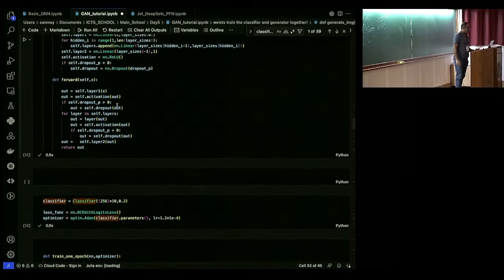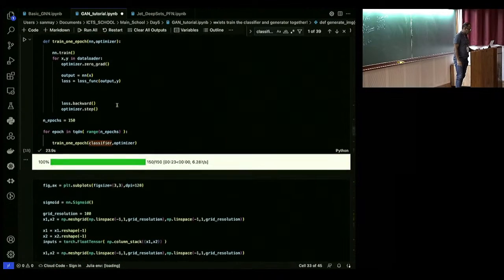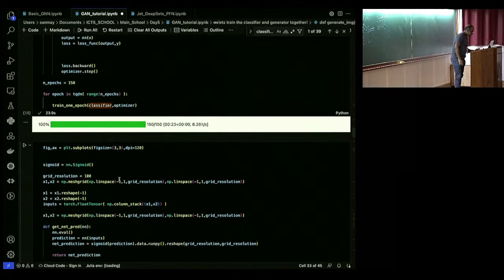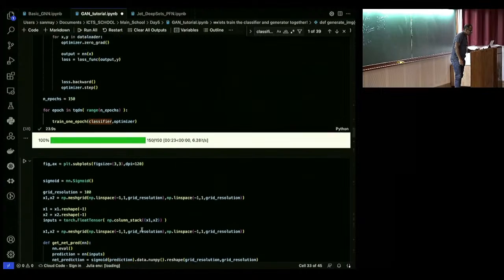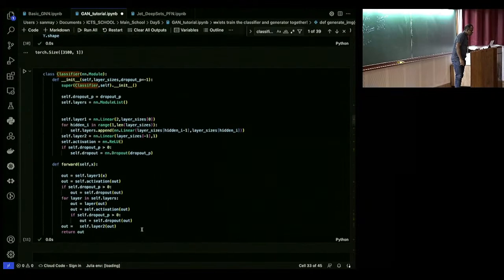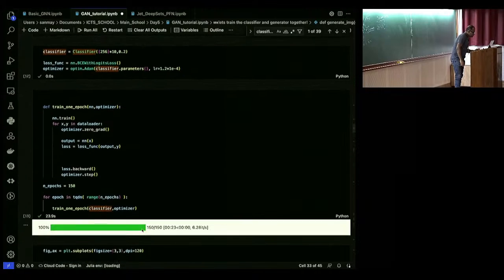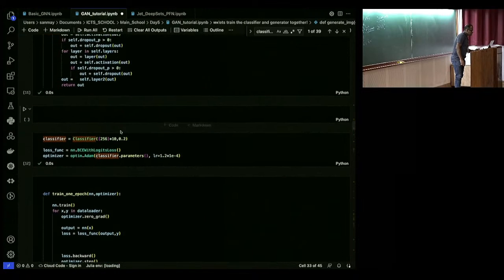However, I want you to look into one thing. When the classifier was trained, I want to show you one point, output versus y. Just give me one moment.